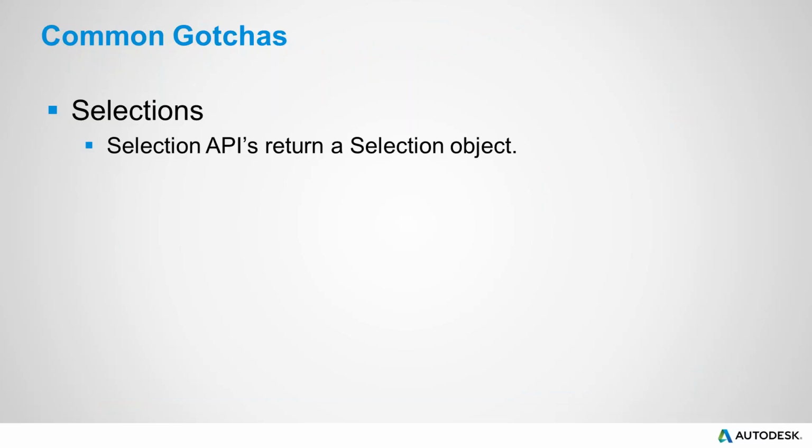All right. A few things that I found are kind of gotchas that I get stuck on, especially at first, are when you're doing selections. Either I put a selection command input into a command dialog, or I'm using the select entity method, or I'm getting from the active selection set, I'm getting back an object.